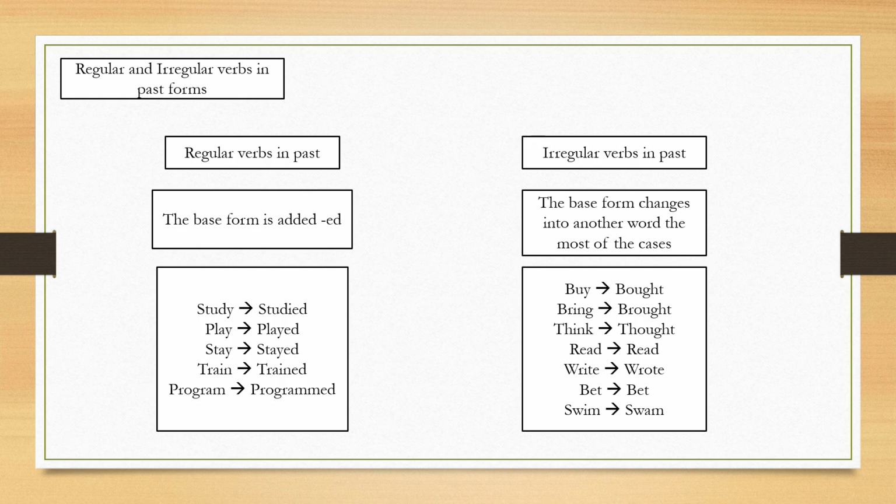On the other hand, we have buy that changes to bought, bring to brought, think to thought, read to read, and in this verb, read, the only change is the pronunciation. That is how irregular verbs are formed. For these variations, you have to analyze, and the only way to learn is practice.